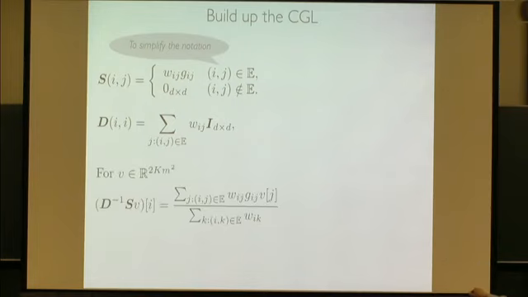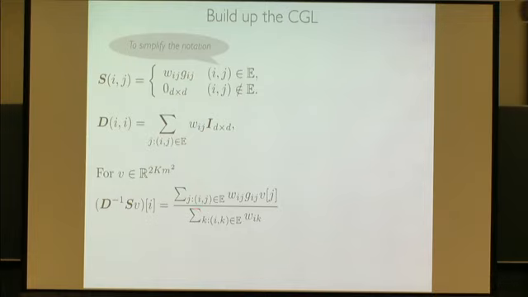Then if I give you a vector V in C^(Km squared), you evaluate D inverse S V. If you do the calculation, you get this formula.